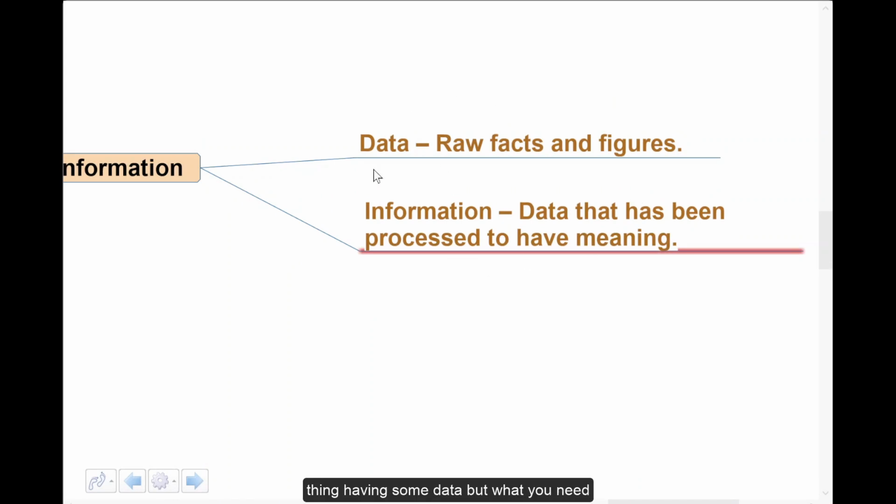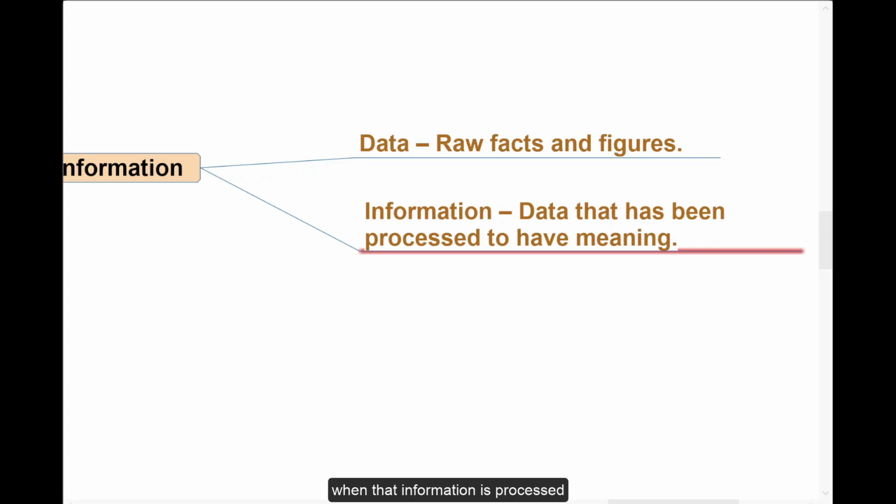There's one thing having some data, but what you need to do is to process it, put it into a form that makes sense, that you can make informed decisions on it. And that's what management should do with data. Think about a simple accounting system. The data might be purchase invoices or sales invoices or petty cash receipts.